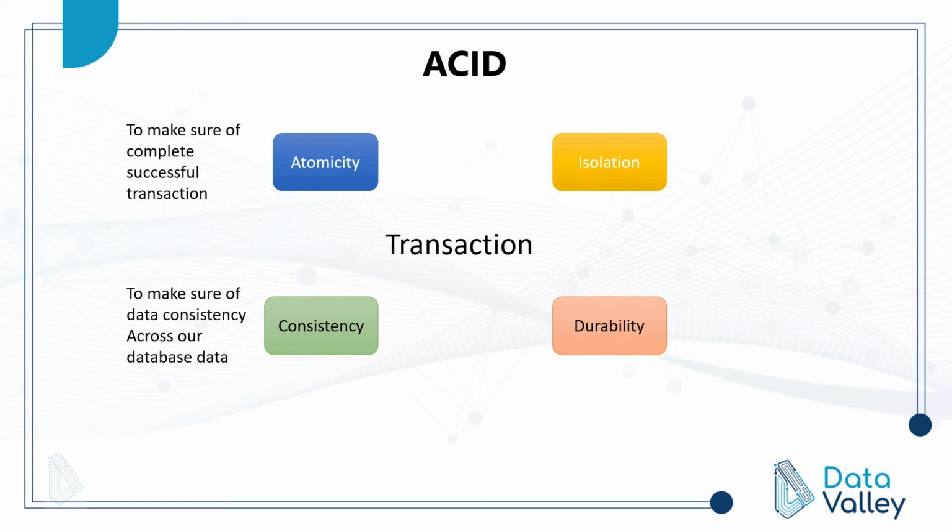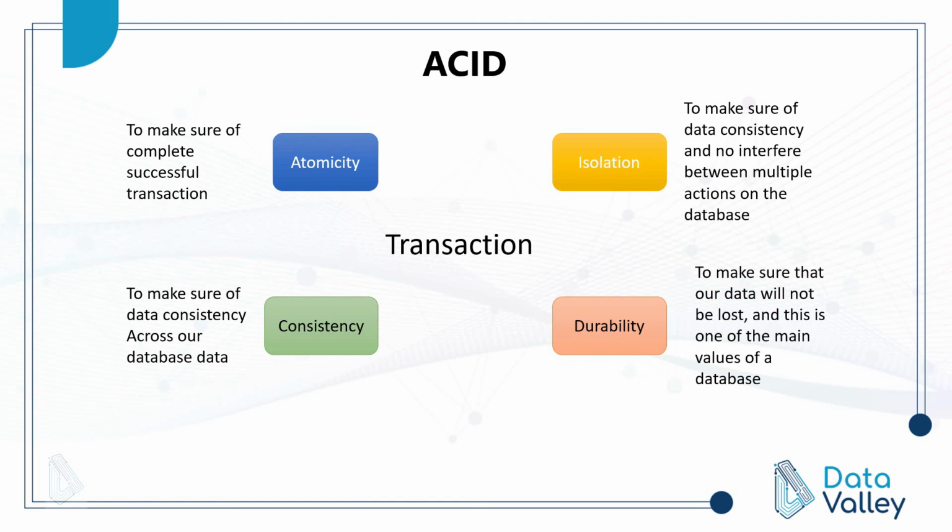We need consistency to make sure that the data in our database before and after a transaction is consistent and we don't have partially completed or partially consistent data. We need isolation to make sure that one transaction is not impacting another transaction, or interfering with the result or data of another transaction.